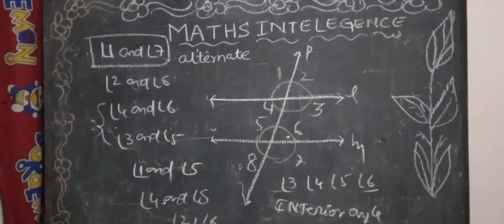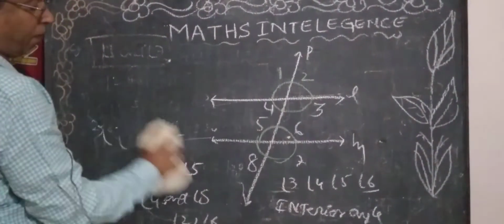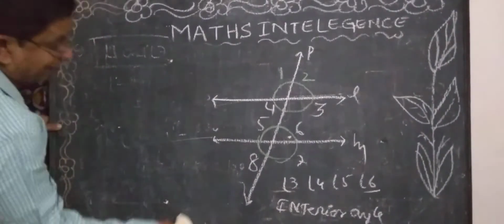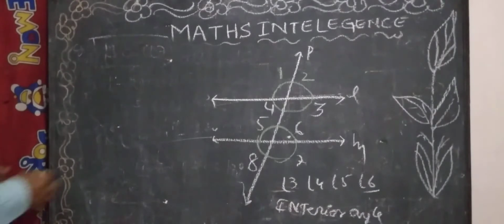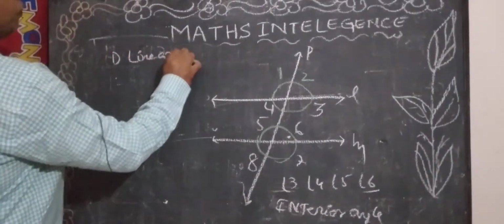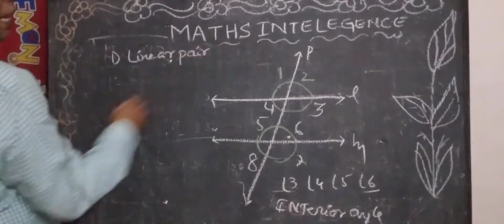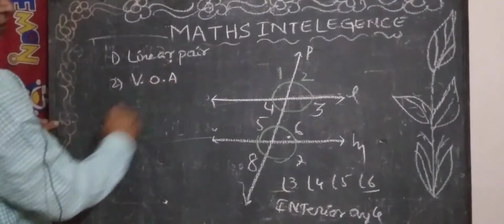Okay friends. Now, when two lines are parallel and there is a transversal, we have to discuss the types of angles. First one, linear pair angles. Second one, vertically opposite angles.